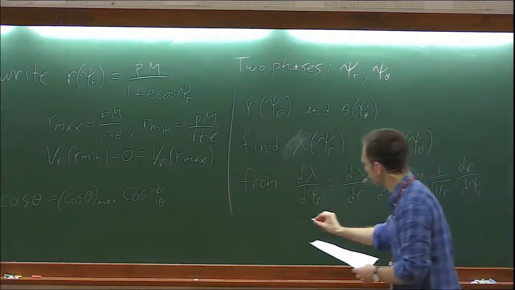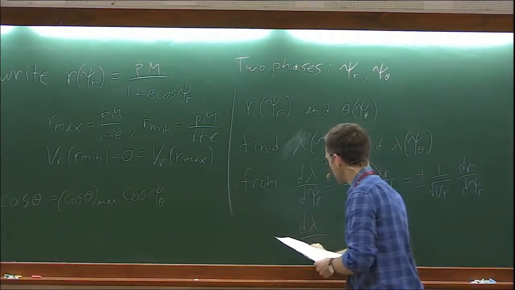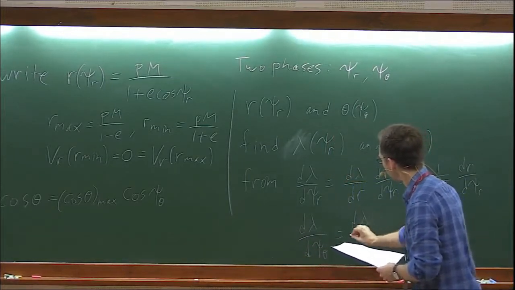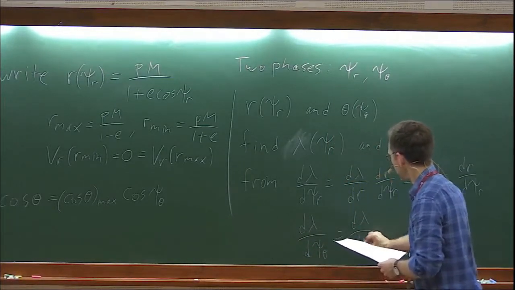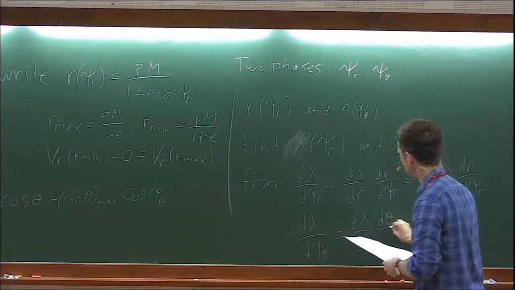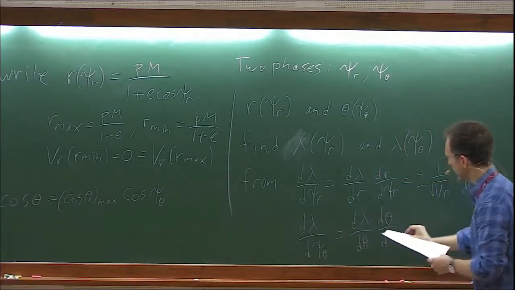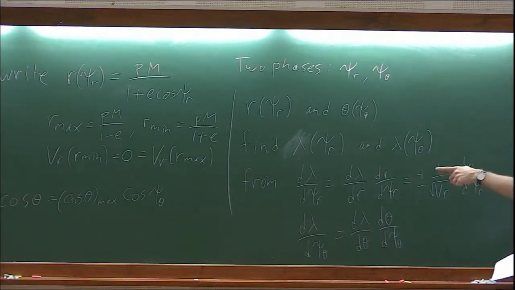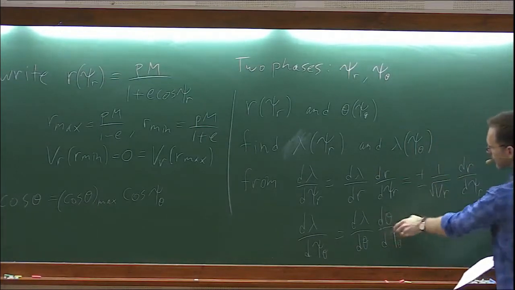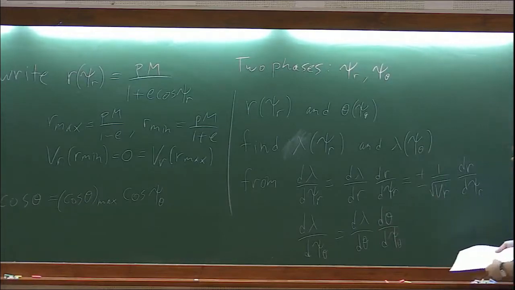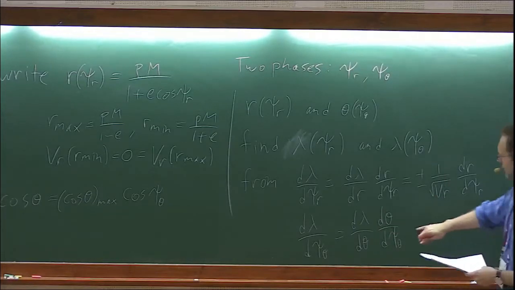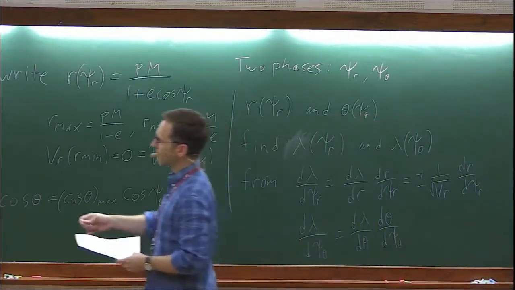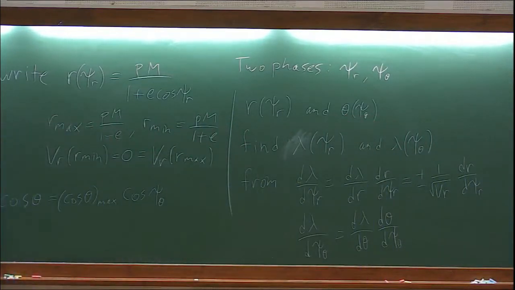And similarly, d lambda d psi theta is d lambda d theta times d theta d psi theta. So there we actually have cos theta, so you can rearrange this as a function of cos theta rather than theta. But the important thing is, again, that d lambda d theta introduces 1 over square root of V theta.